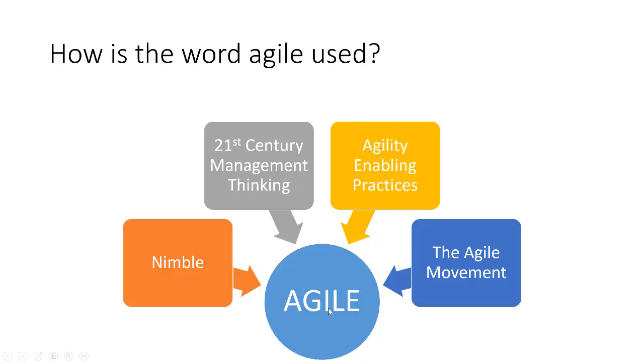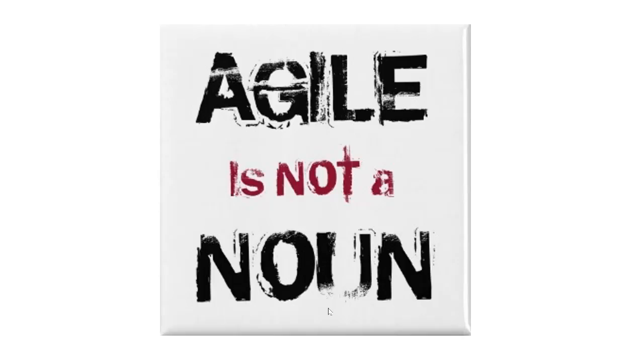But the word agile is an adjective, and it means nimble. Agile is not a noun. These are some buttons that I had made and gave away at a conference one year. But I want to really drive this home.